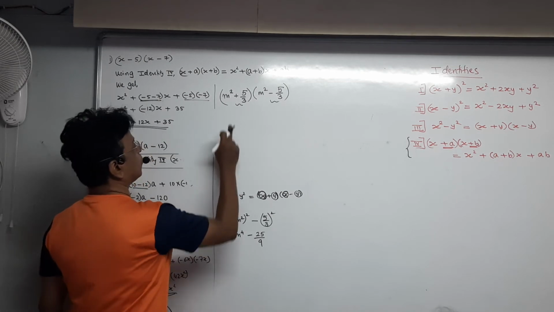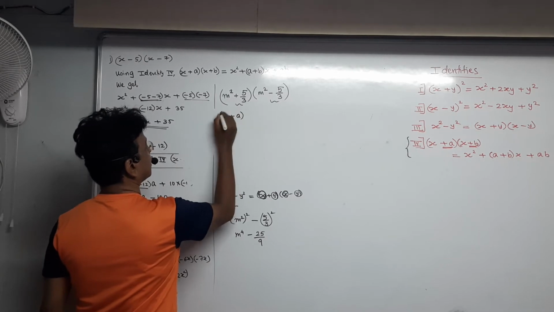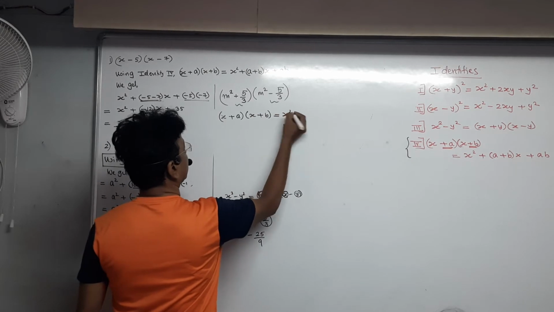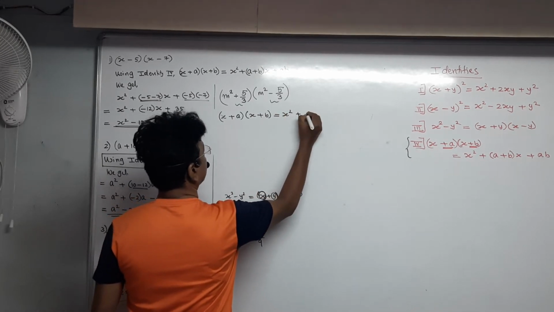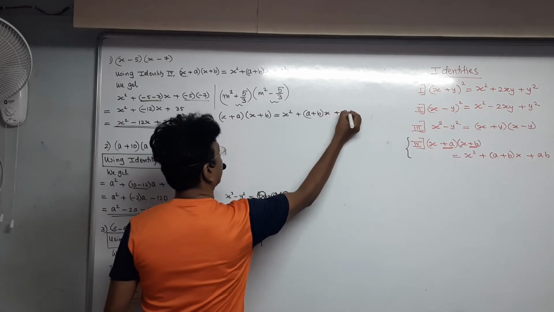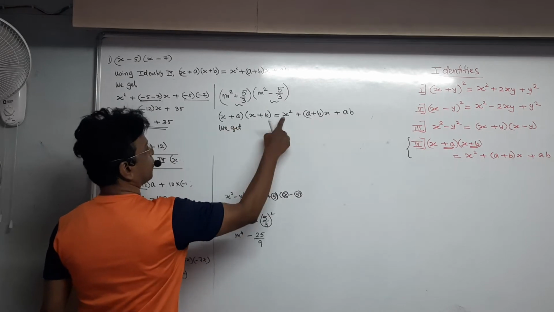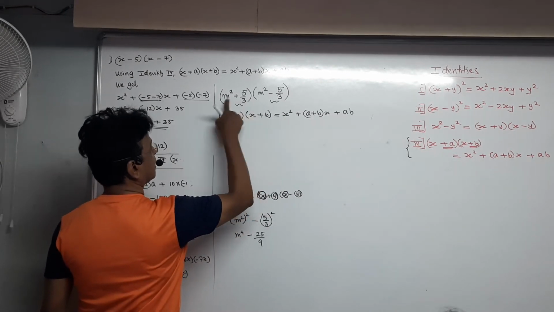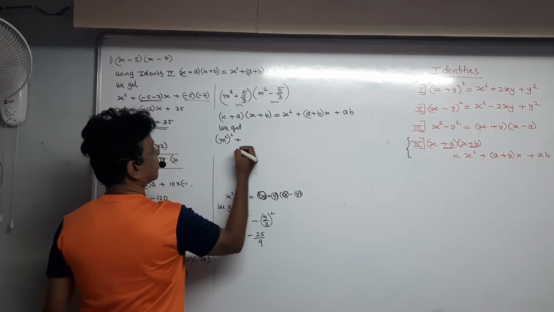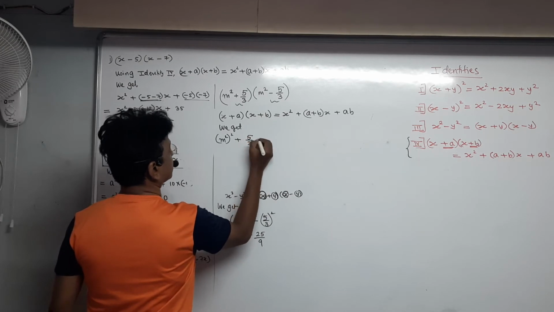Instead of using this, we will use the identity (x plus a) into (x plus b) is equal to x square plus (a plus b) x plus ab. So what we get over here is, we take the square of the first one, whatever it is, m square will become (m square) the whole square, plus we add these as they are with their signs.